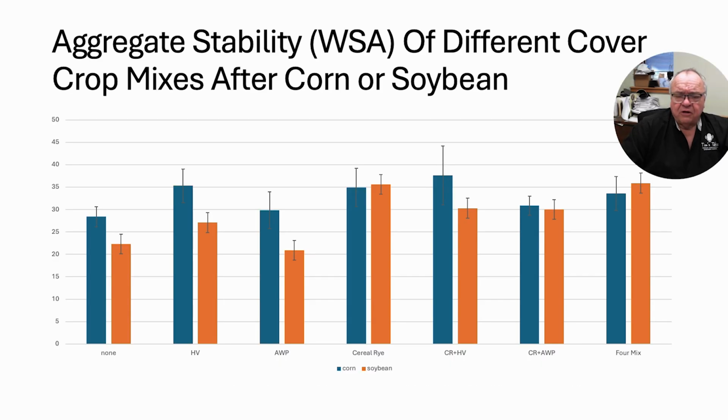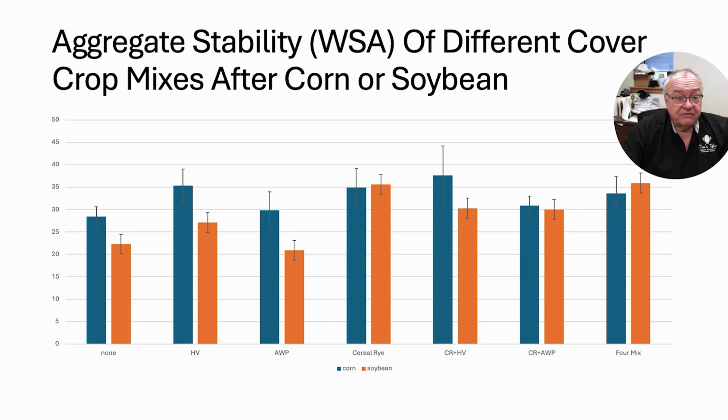Well, this is where we have different cover crops, either by themselves or in a mix. So we have corn and soybean. The blue is corn and the orange is soybean throughout. And we have no cover crop. We have hairy vetch or Austrian winter pea grown by themselves. So here we have a winter annual legume cover crop that we follow then with either corn or soybean.